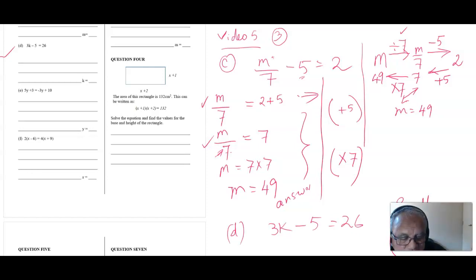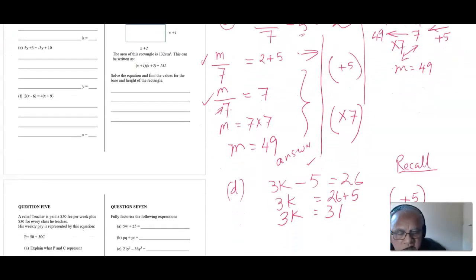What am I going to do first? I'll undo this negative 5. And to undo negative 5, I'm going to add 5. So that'll give me 3K equals 26 plus 5. 3K equals 31.